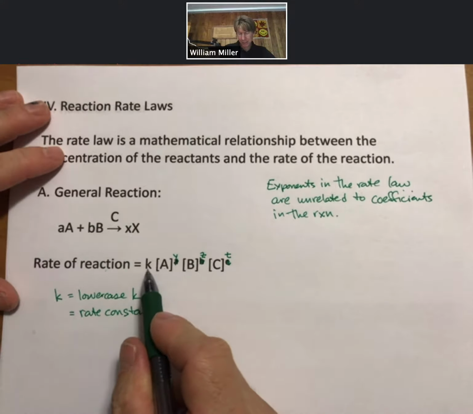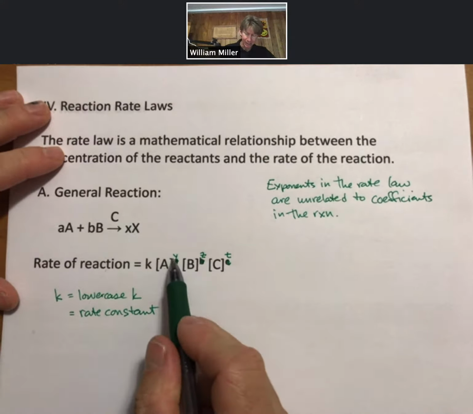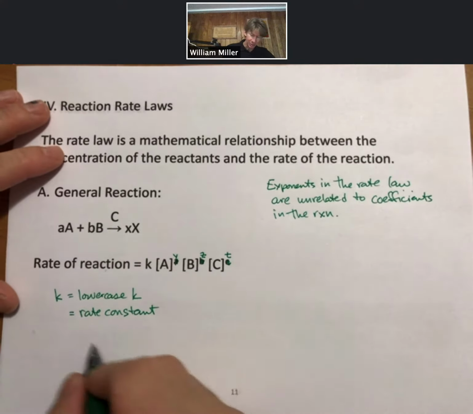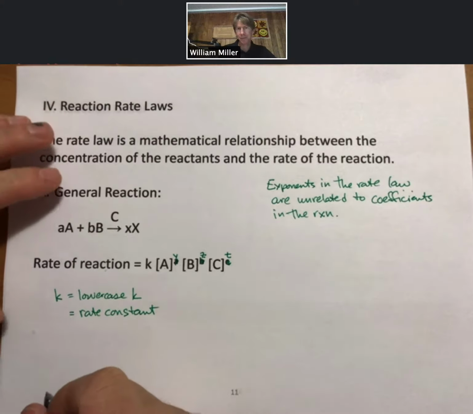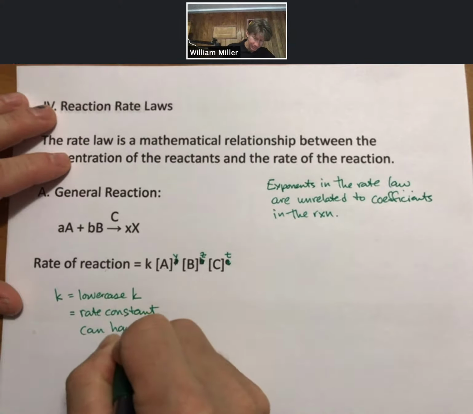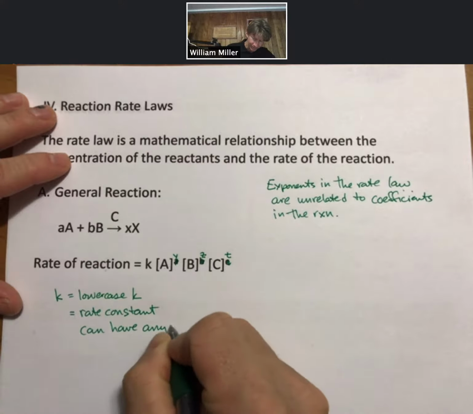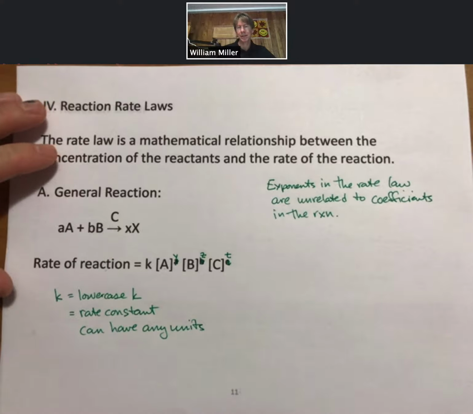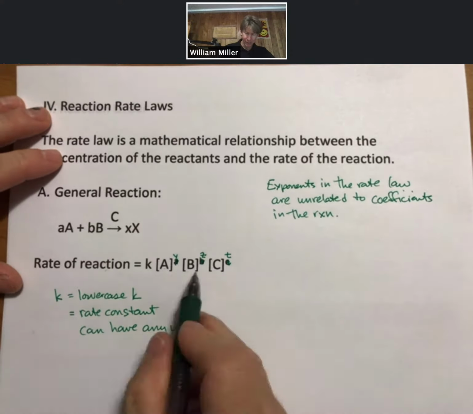And because these exponents can be any values, the rate constant can have any units. And the units only depend on everything else.